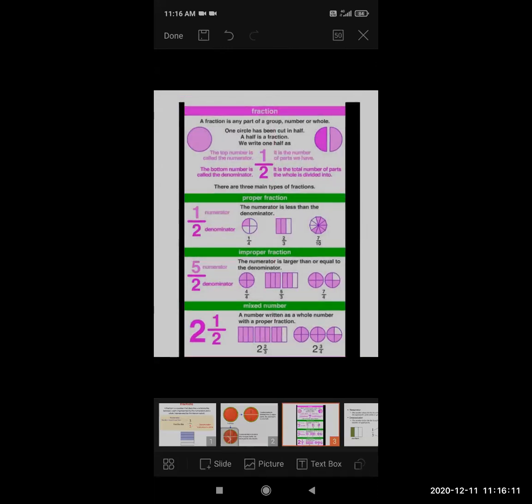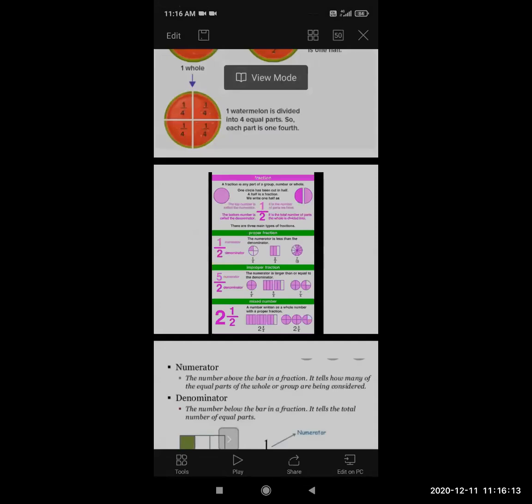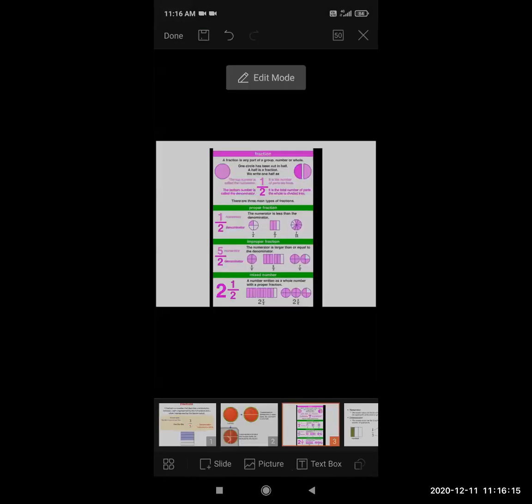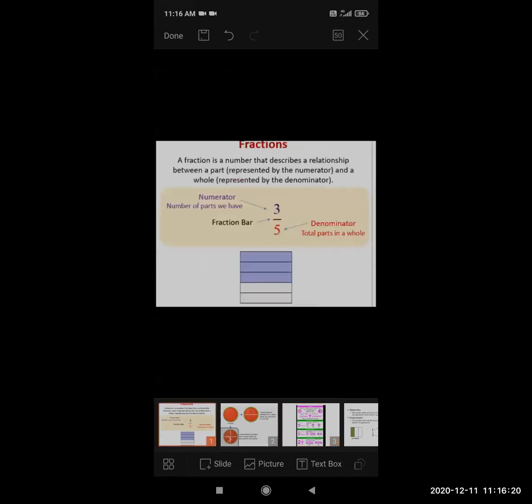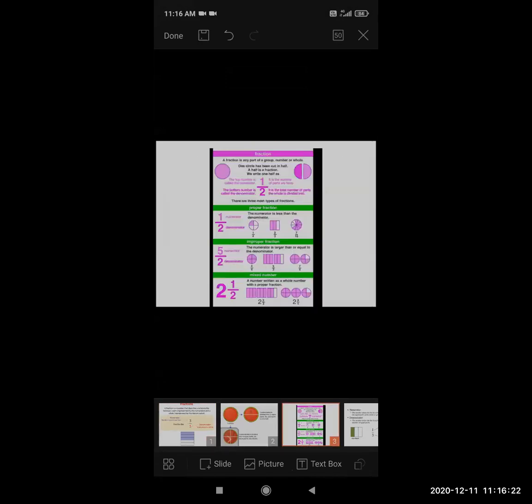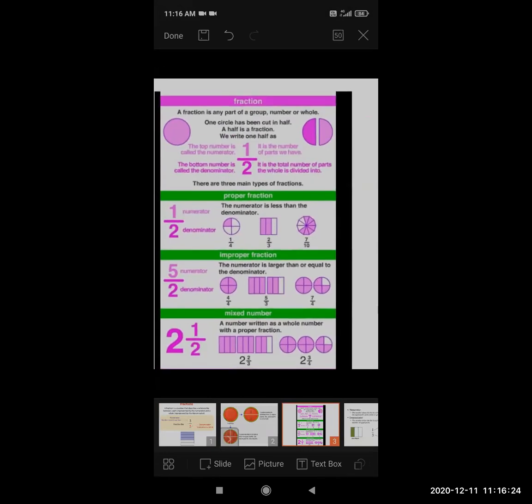Just a second, student. Yes, look here now. In the improper fraction, the one circle, how many equal parts are there? 4. In the next two boxes, how many equal slices are there? 3.